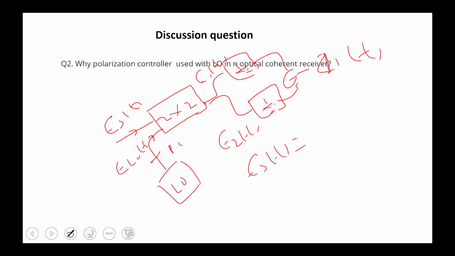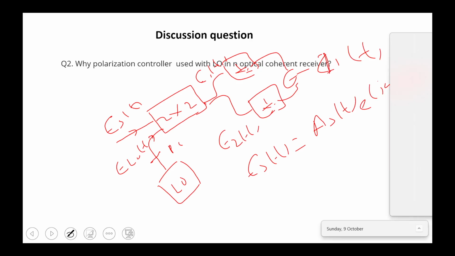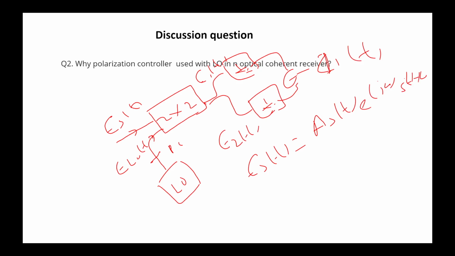So what happens is that ES(t) equals our signal, which will be AS(t) into e to the power j(omega s t plus phi s). Here AS(t) is the amplitude of the signal, omega s is the frequency of that signal, and phi s is the phase of that signal. So every signal has some phase in the time domain.